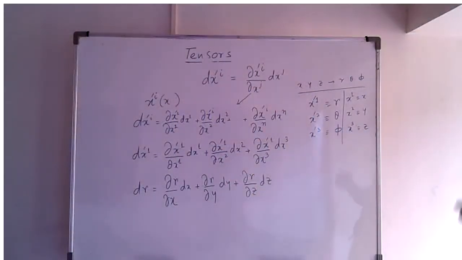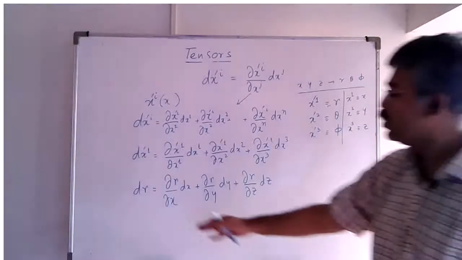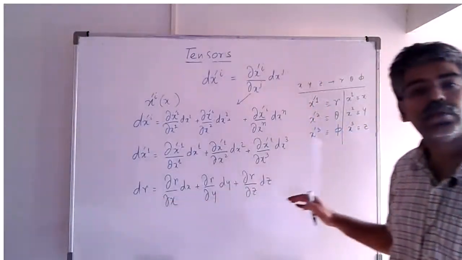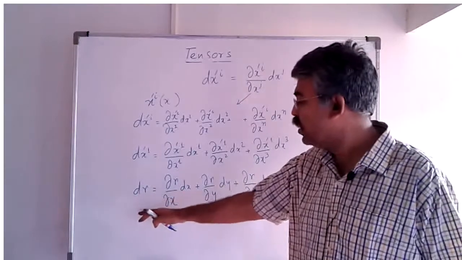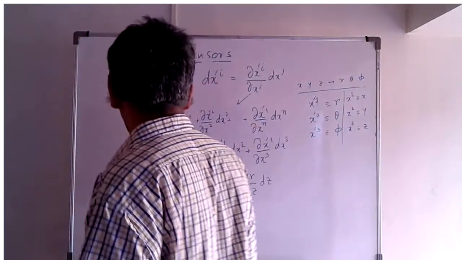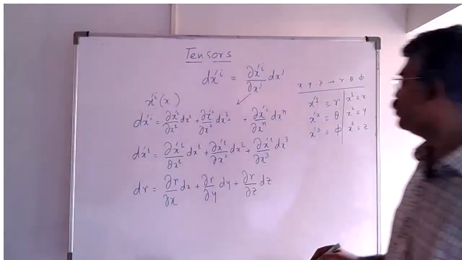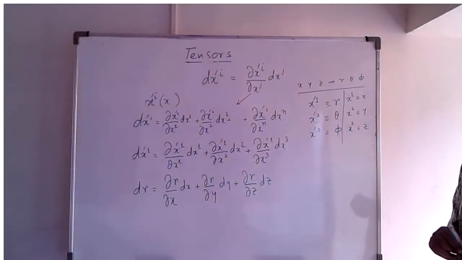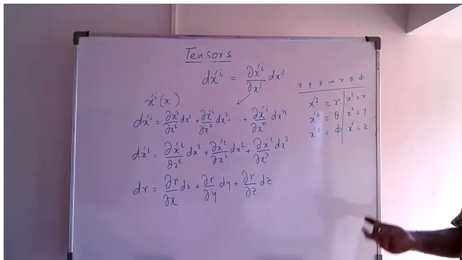This is the transformation. This is for the dr. You will have a similar one for d phi and for d theta. You can have the other way around as well.